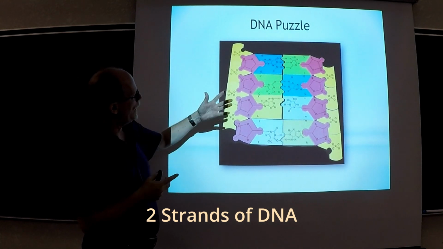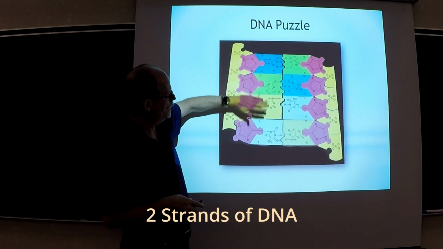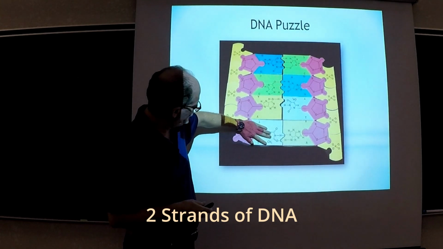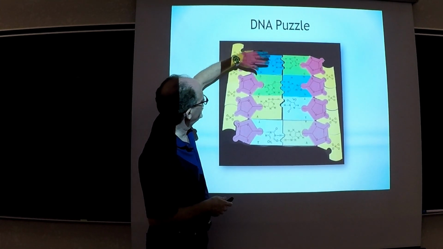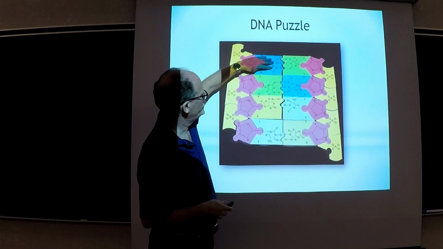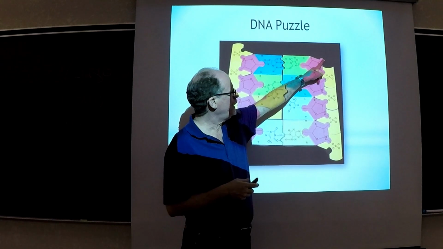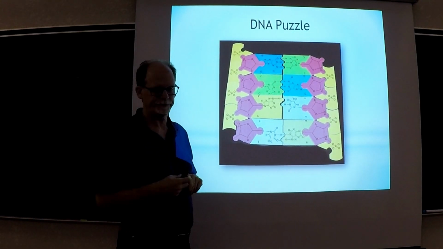So in lab, you would have put this puzzle together. You would have only used 4 bases instead of, this has 8 altogether. But this is a nucleotide, this is a nucleotide, this is a nucleotide. This phosphate's attached to this nucleotide. You see how the phosphate's attached here, not here. On this end, the phosphate's here, not there.